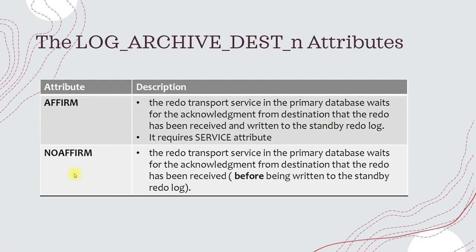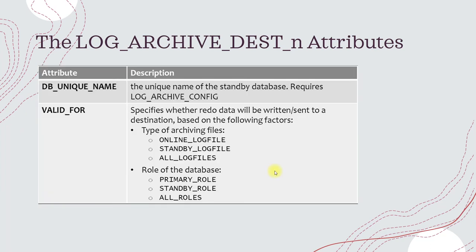But when you set it to no affirm, and that too with async, the redo transport service in the primary database waits for the acknowledgement from the destination that the redo has been received, but it will not wait for it to be saved. It will immediately commit. That is no affirm. So the default for sync is affirm, and the default for async is no affirm.